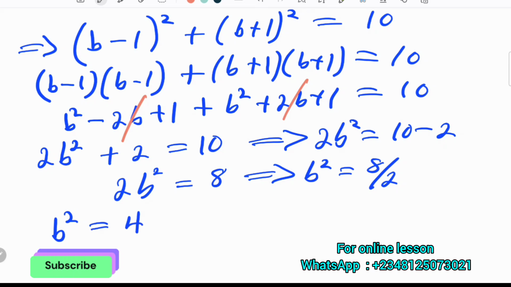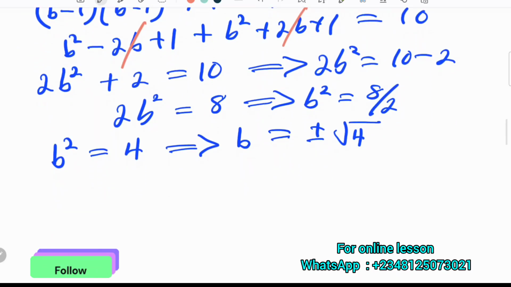So we can find the square root of 4. So therefore b becomes equal to plus or minus the root of 4, which gives us b equal to plus or minus 2. So that is the value for b.